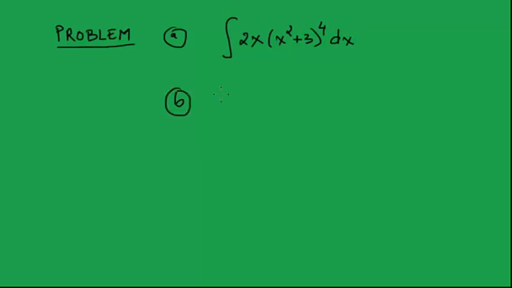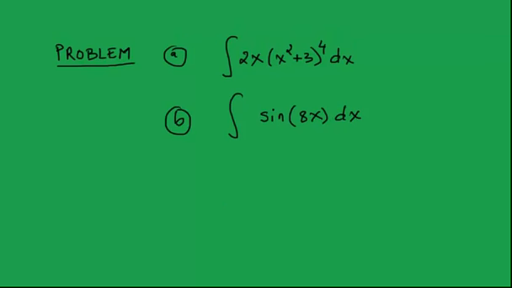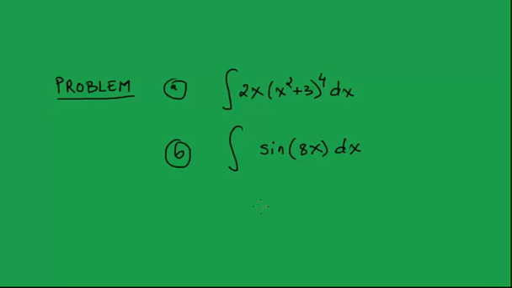And the second one is the antiderivative of sine of 8x dx. When you look at this, you can tell right away which one would be u. So a hint for the first integral, u would be x squared plus 3, and for the second one, the inside function is 8x, so u would be 8x. So start with those hints.